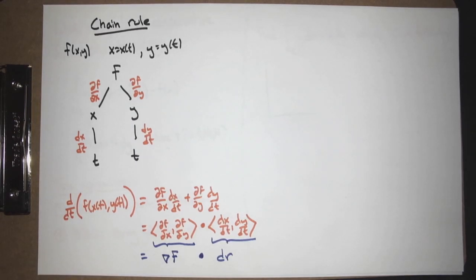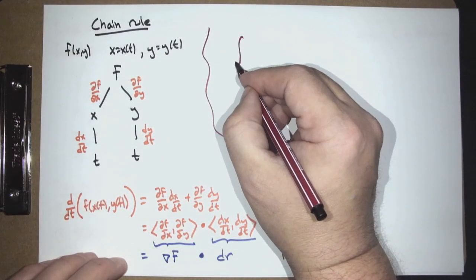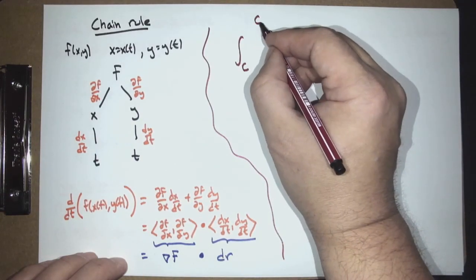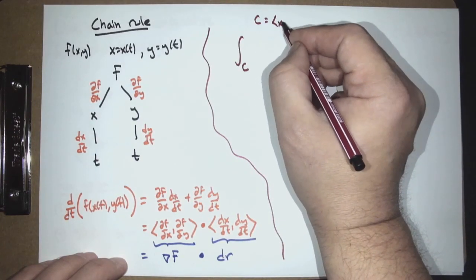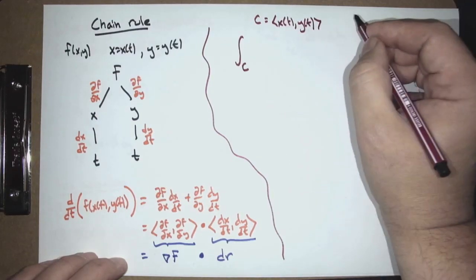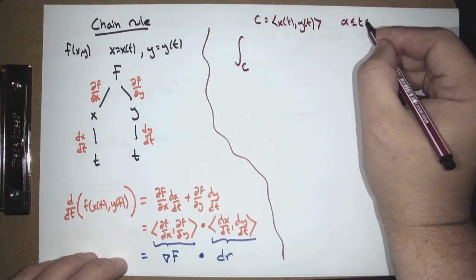So, here we go. Suppose we have an integral along a curve, and let's say our curve is parameterized. We'll do it in 2 dimensions, but it doesn't really matter, any number of dimensions. Same idea, where alpha is less than or equal to t, less than or equal to beta.